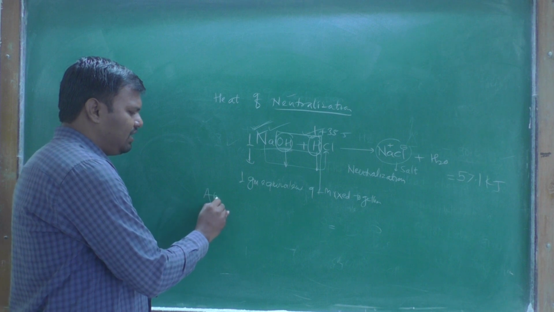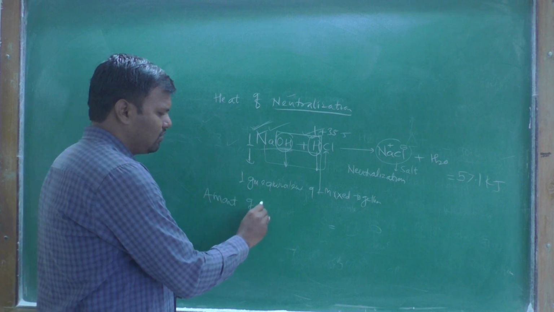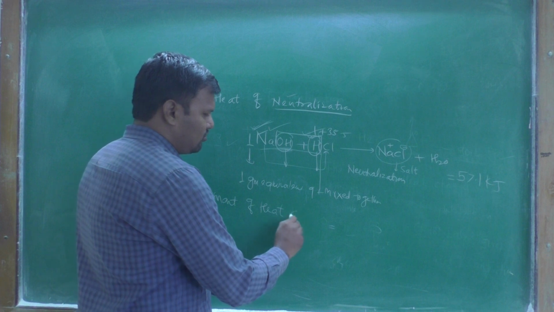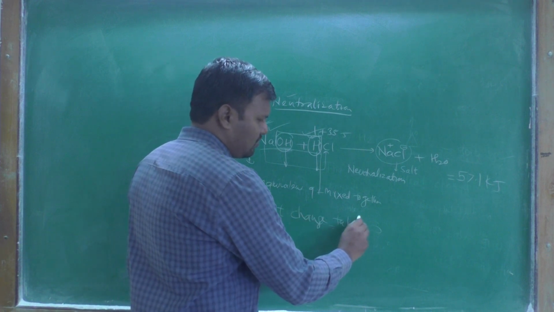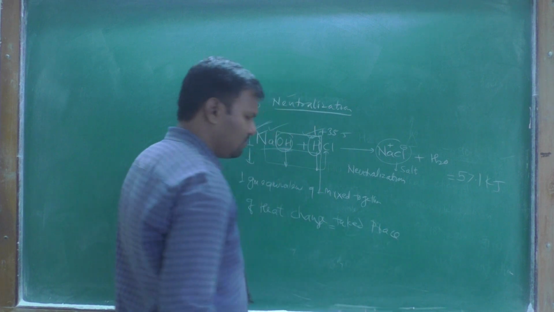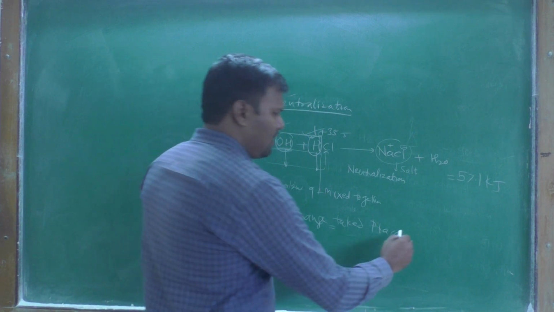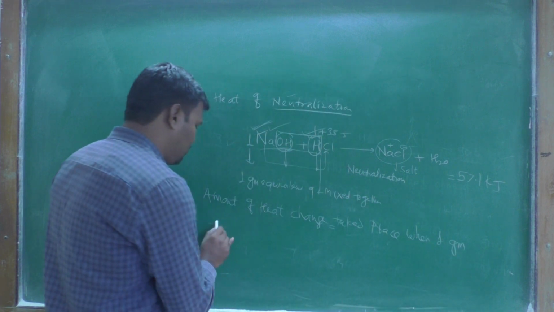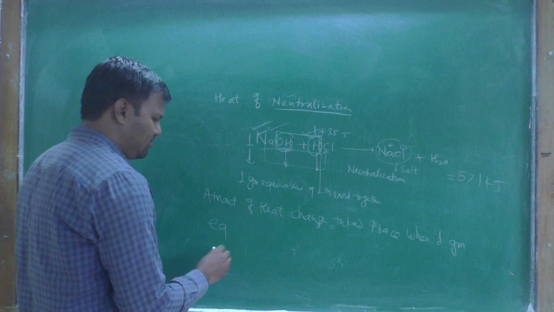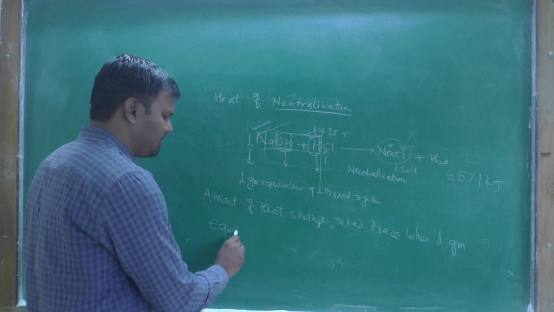Now, how do we define the heat of neutralization? The amount of heat changed or released when 1 gram equivalent of acid and base neutralizes and gives salt and water. We have previously discussed gram equivalent.